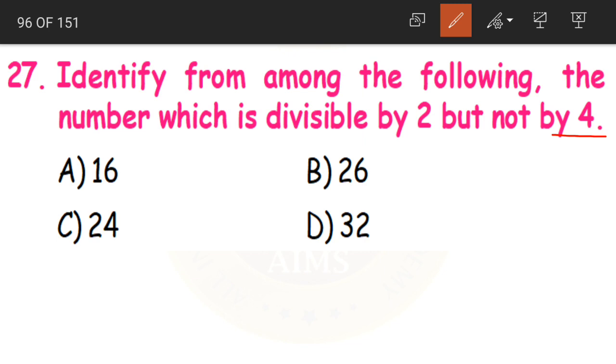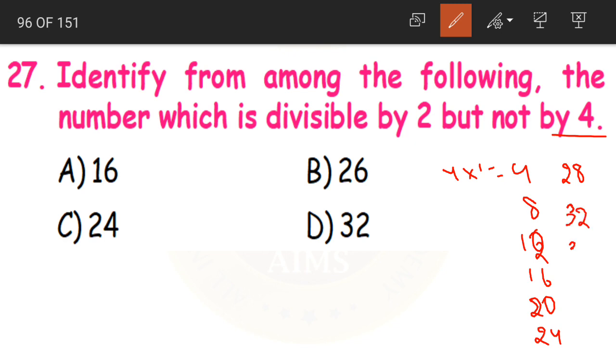If we take the 4 table, we have 4 ones are 4, 4 twos are 8, 4 threes are 12, 4 fours are 16, 4 fives are 20, 4 sixes are 24, 4 sevens are 28, 4 eights are 32, 4 nines are 36 and 4 tens are 40. Now all these numbers are divisible by 4, right? Yes.